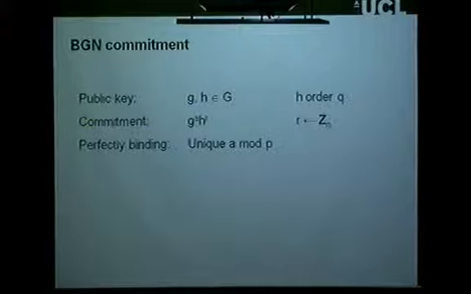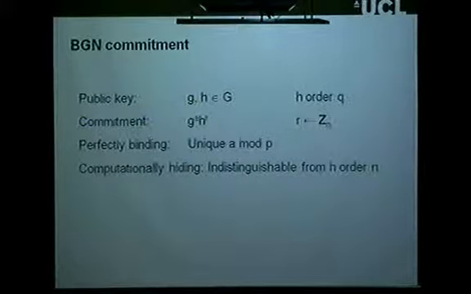And therefore, a commitment uniquely defines a modulo p. At this stage, I'm not assuming that we can actually decrypt, because I'm saying it's permissible that a actually is large. And it hides what the message is, again, because we cannot distinguish whether h has order q or h has order n, and if h had order n, then it would be information theoretically hiding the message a.